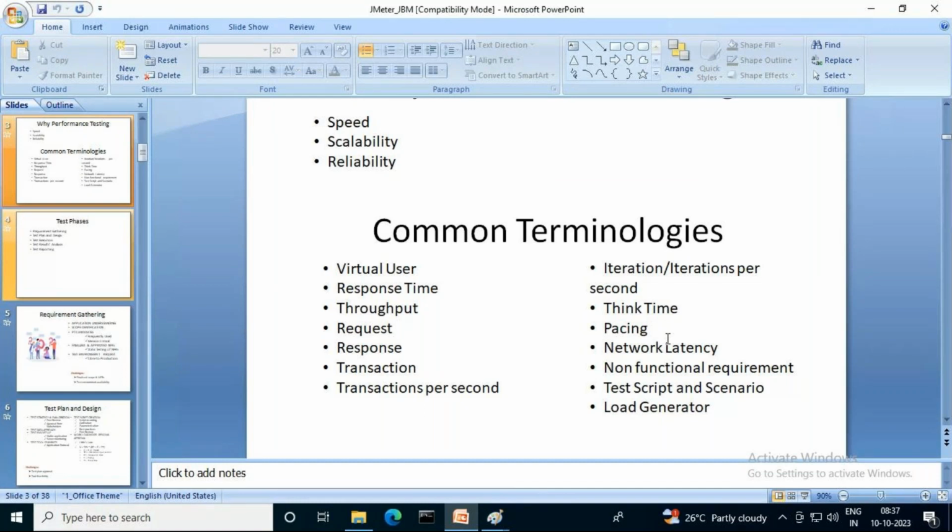Okay. Sir, by assuming negative scenarios, we can improve the performance of the application or web application. I will say that on both positive and negative scenarios, we need to focus. Anyone else?